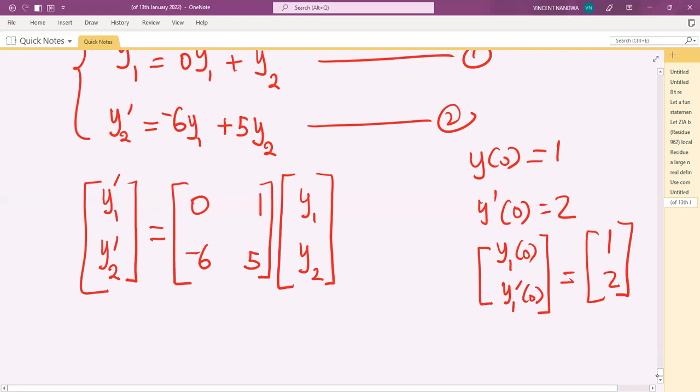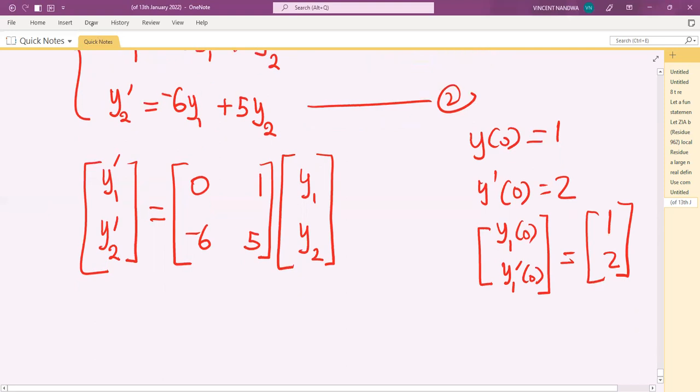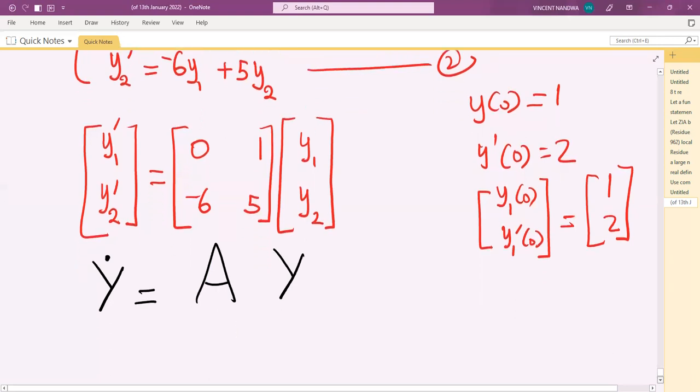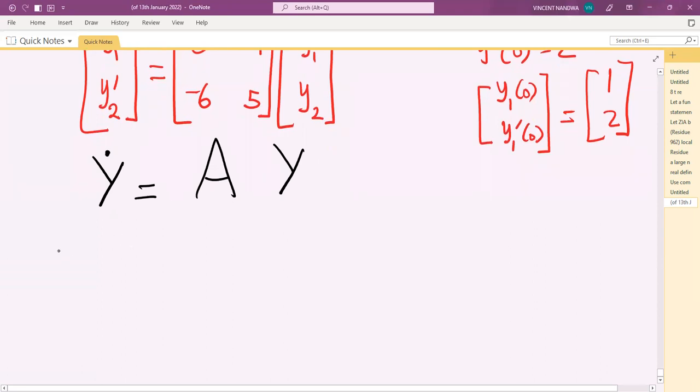So with this matrix equation, we call this one capital Y dot, equals to this one, call it A, and then call this matrix Y. So this is what we have. The problem now reduces to solving Y dot equals to A Y.